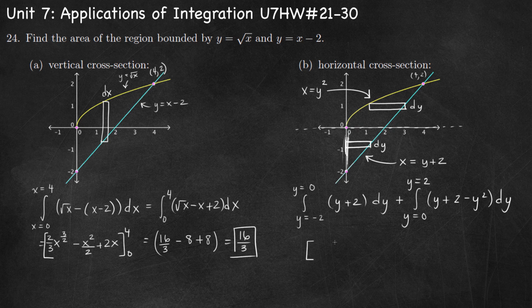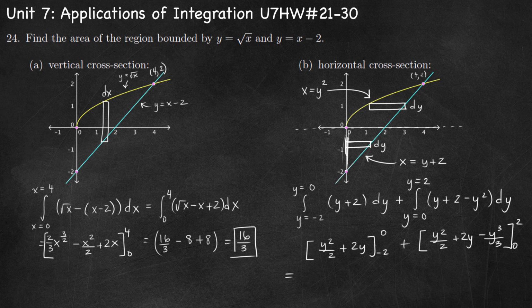And then we integrate, so I get y squared over 2 plus 2y from -2 to 0, plus my other integral, which is going to be y squared over 2 plus 2y minus y cubed over 3, and that one goes from 0 to 2.